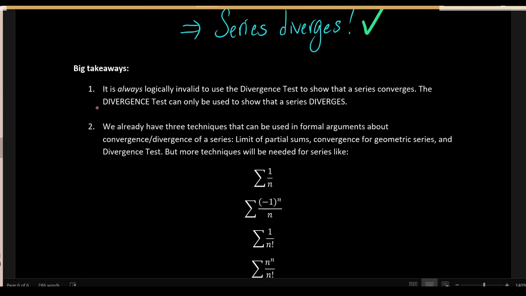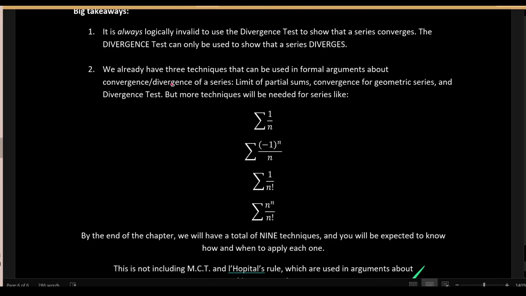The second major takeaway is that so far we really have 3 main techniques to analyze a series and determine whether it converges or diverges. First of all, the definition: write out a formula for the partial sums and take the limit. We have the theorem on divergence for geometric series, and we have the divergence test.